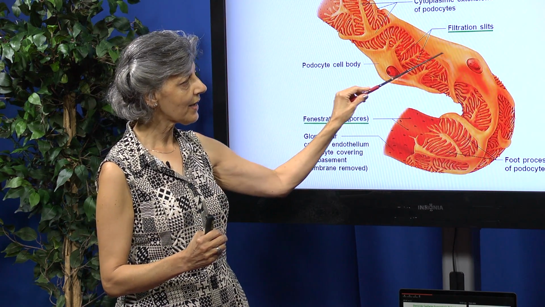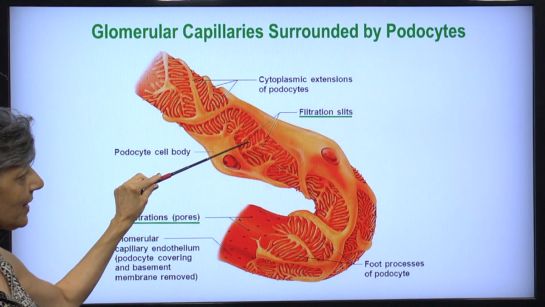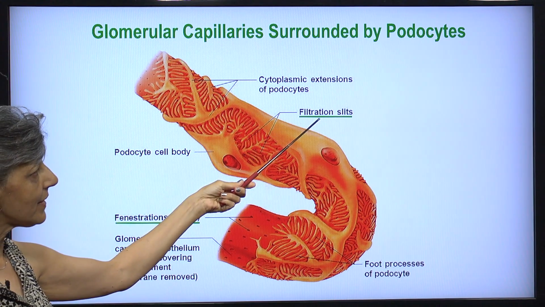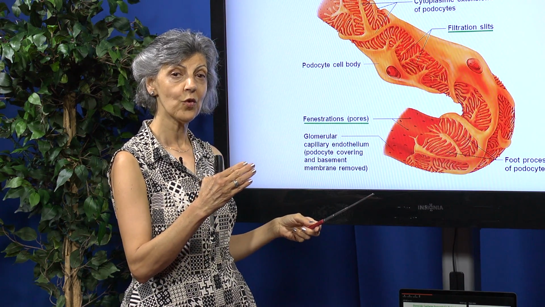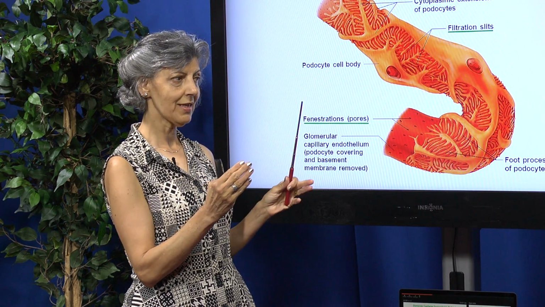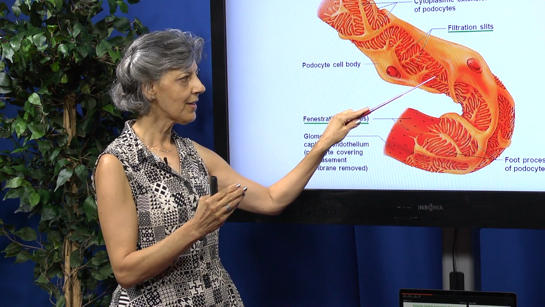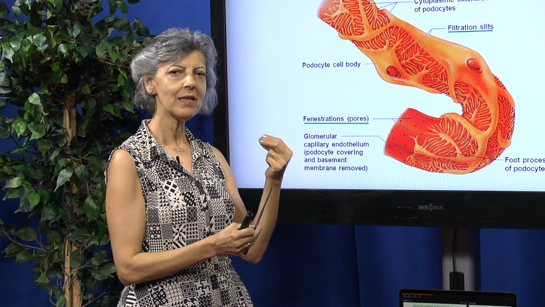If we look at the podocyte, it has those foot-like processes, and there are spaces or gaps in between, and we call these the filtration slits. So the filtration slits is going to form the third layer of my filtration membrane. So right now we can see two. This is the first layer. The slits make up the second layer. The third layer is in between.